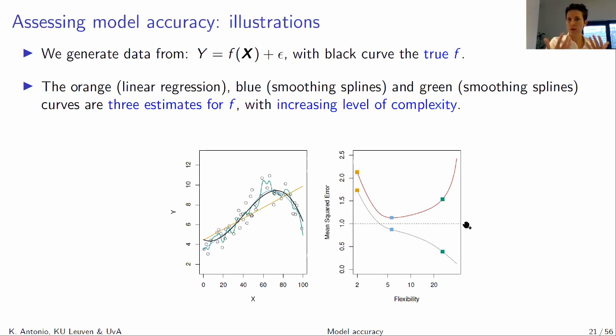Of course, in reality, you wouldn't know what this dashed line would be, but in reality, you would hope to recognize this U shape when you are evaluating the test error or the test loss function for different levels of complexity or for different values of tuning parameters. Okay, this was an easy example.